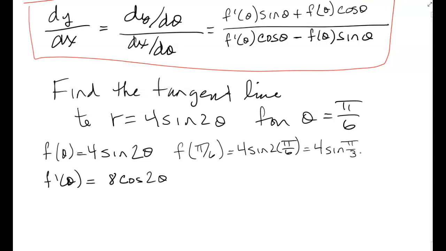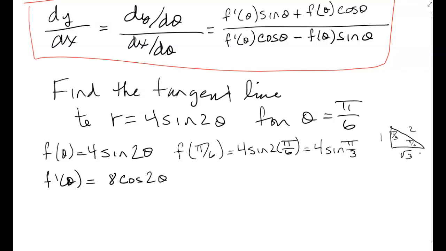And the sine, if you don't remember, you can put your triangle out there. You're going to need pi over 6, and you're going to need pi over 3. So pi over 6 is a smaller angle. That's a 1, that's a 2, that's a square root of 3.